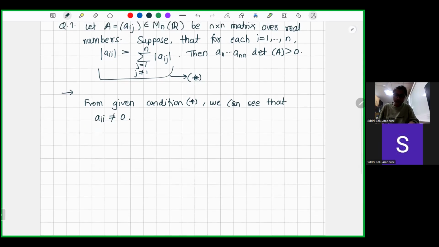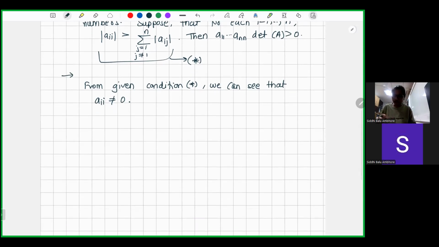We also saw in the last session, the week 12 live session, that the determinant of A is non-zero. It has already been proved in week 12's class.